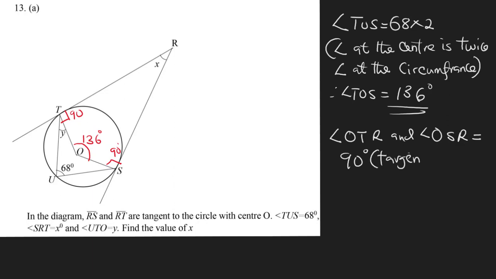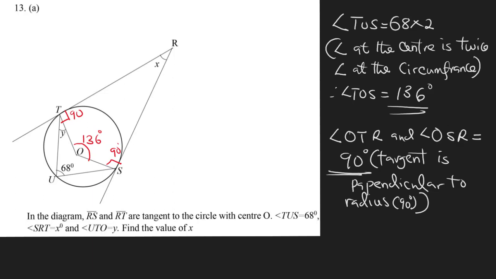Tangent perpendicular to radius. Which is 90 degrees, right? So that is one of the things we should know. So we have 90 degrees here.